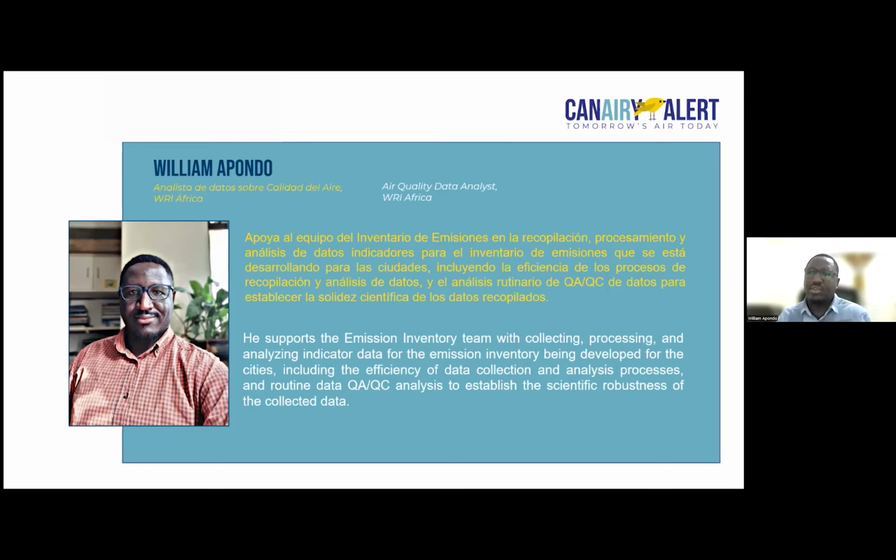And of course, it can also help us to set ambitious targets for emissions reduction. So in the long run, this also helps in climate change mitigation. Of course, we have to consider that as a factor. It has to be sustainable, so that also has to be factored in as to why we're developing this.